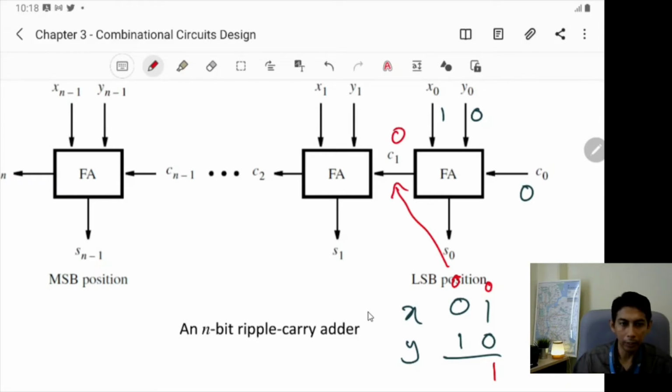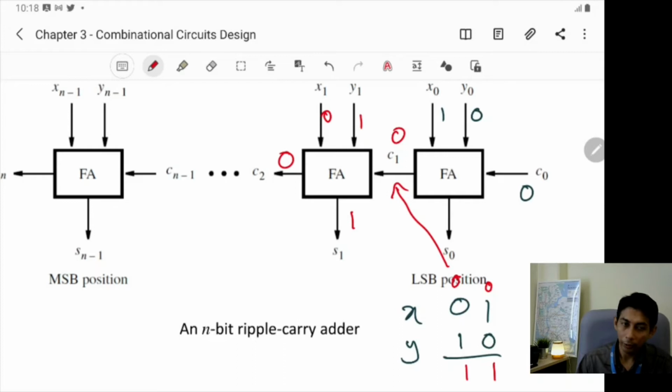Now to get S1, which is this part, you have X equal to 0 here and Y equal to 1. So 0 plus 1 plus 0, you have 1 here. And your carry should be 0.